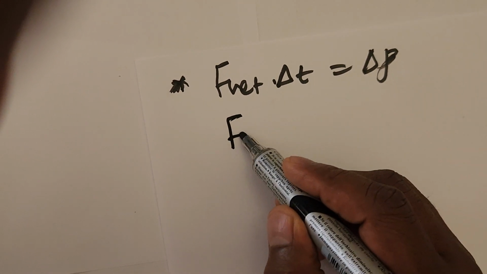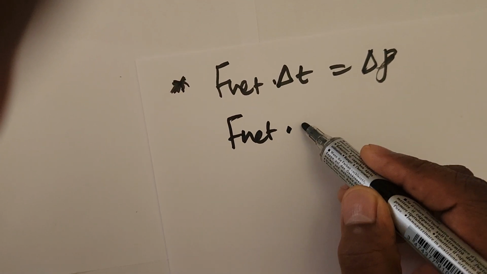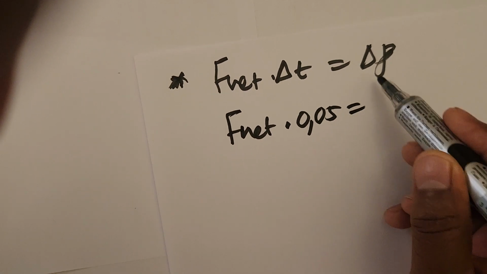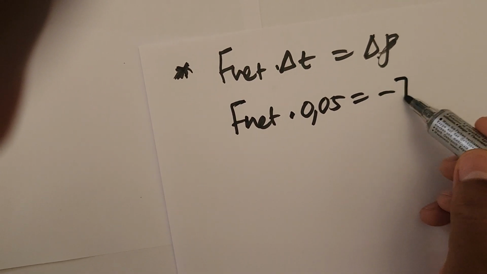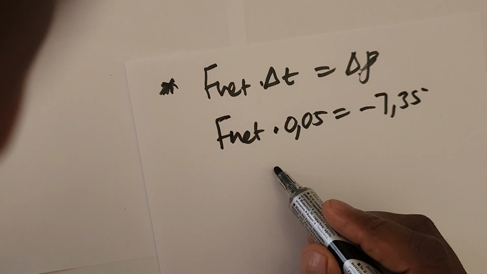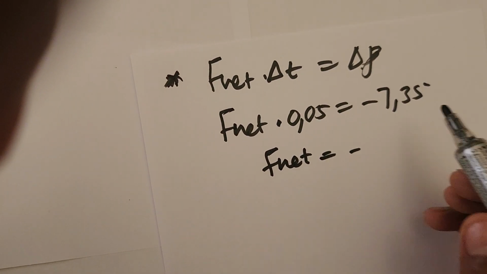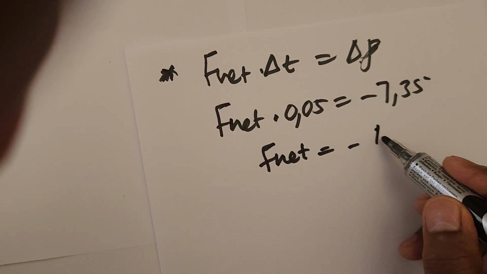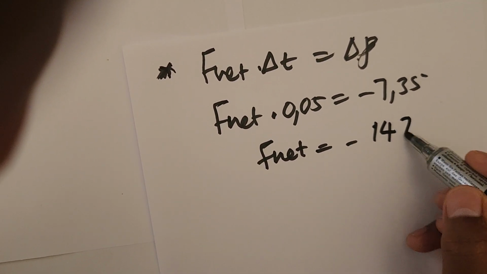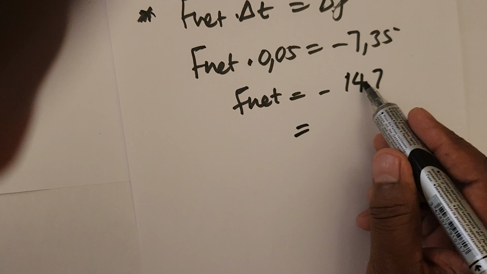The time in contact is 0.05, so F net will be negative 147, because it's a vector.